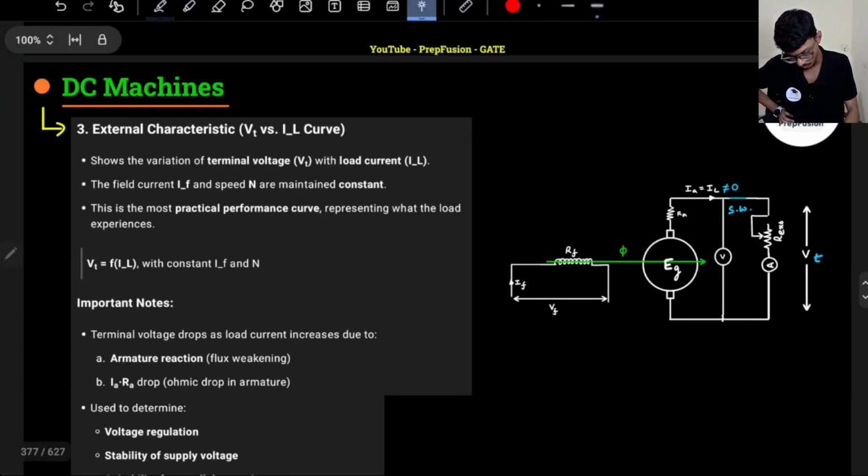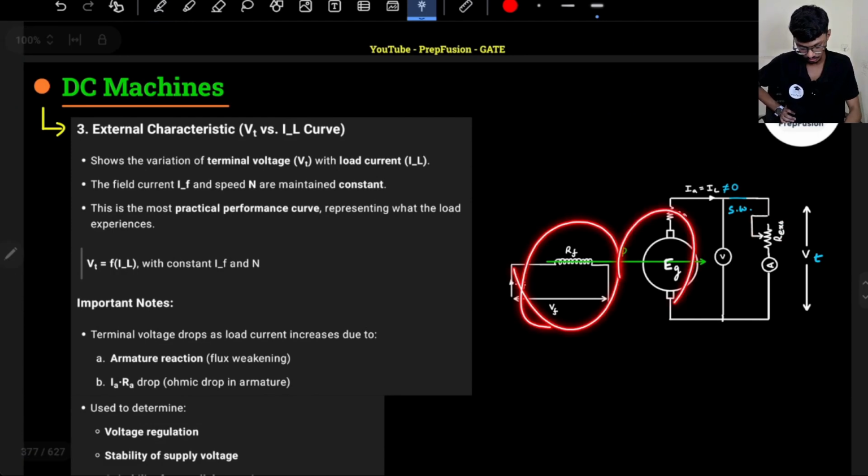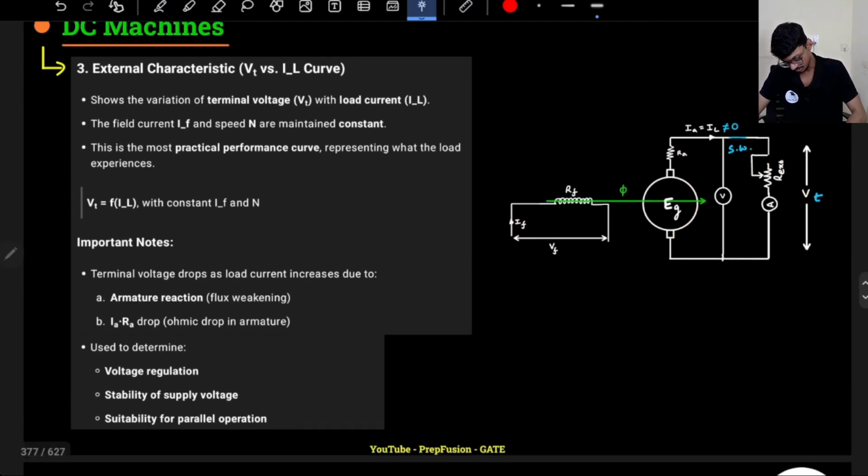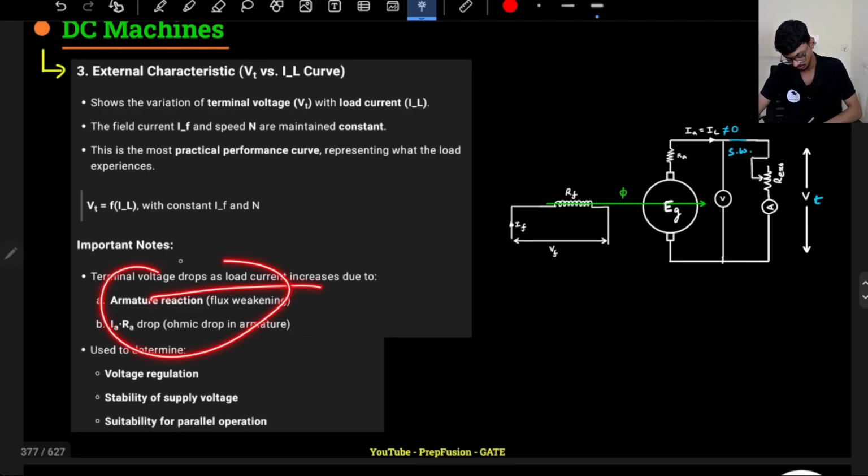Okay, so we will vary our load like this. R external, this will be constant, this will be constant, only this will get varied. So very easy and simple to understand. So terminal voltage drops are due to these two reasons. It is used to determine the voltage regulation, stability of supply voltage, and suitability for parallel operation.